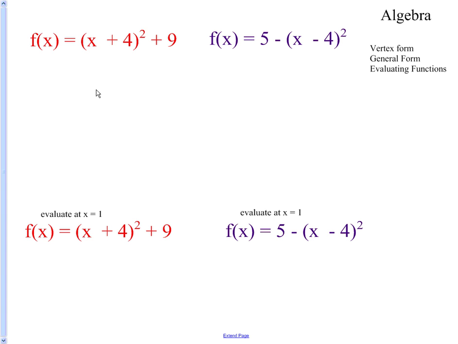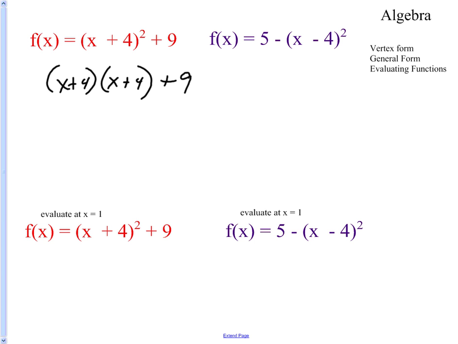General form is not good for graphing, except on a graphing calculator. It'll work either way, to type in this equation or to multiply it out. I'd like you to multiply out the red one there right now. Just multiply out the red one. Make sure your answer has an f of x in front of it. I'll pause while you finish that.